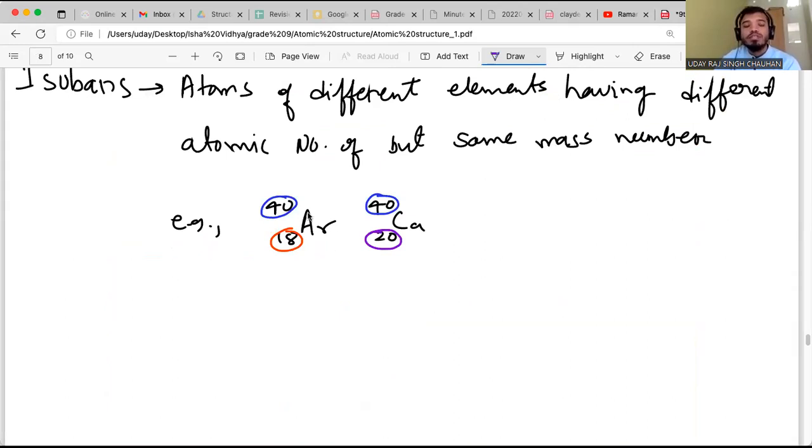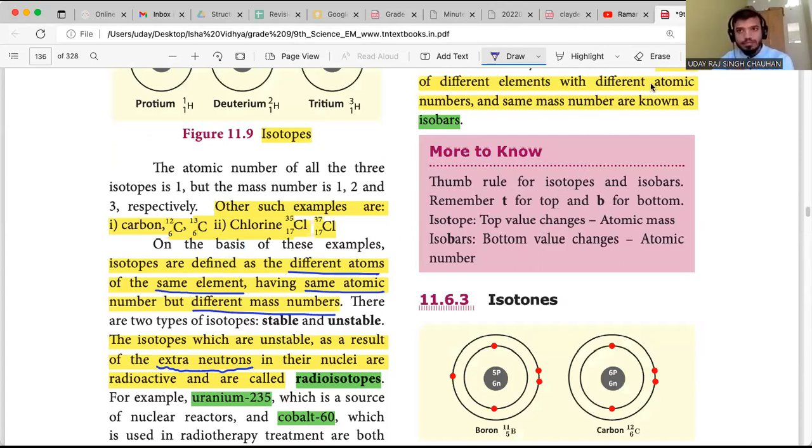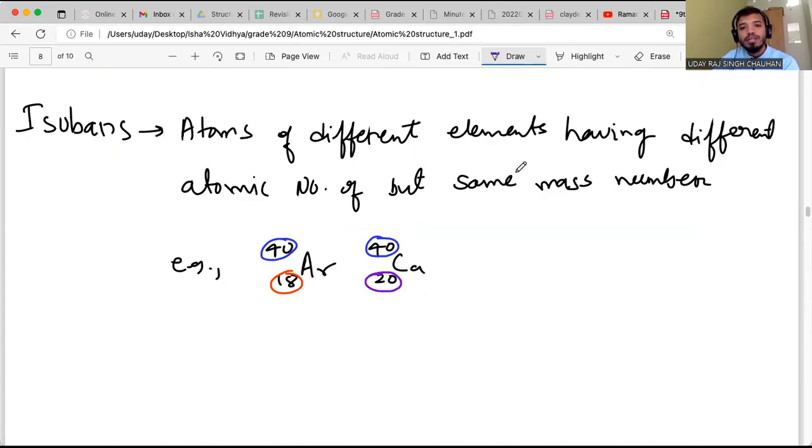So these are the isobars and isotopes. One trick has been given here to remember. In isotopes, you have T, and in isobars, you have B. T stands for top. If the bottom value remains the same and the top value changes, that is an isotope. And if the bottom value changes, it's an isobar.